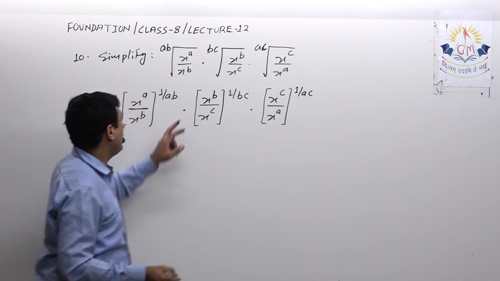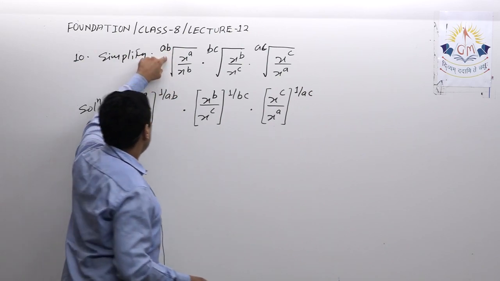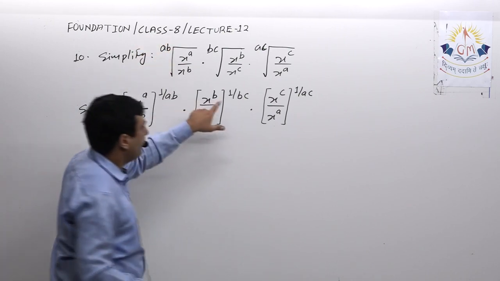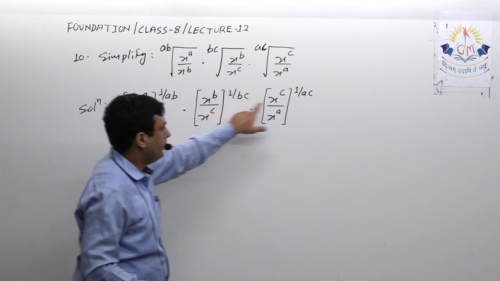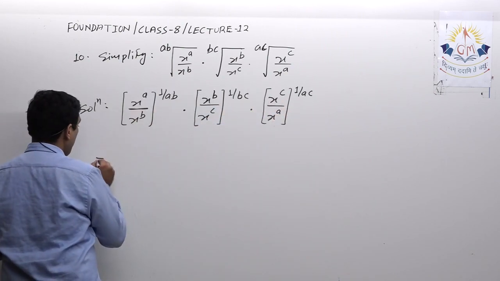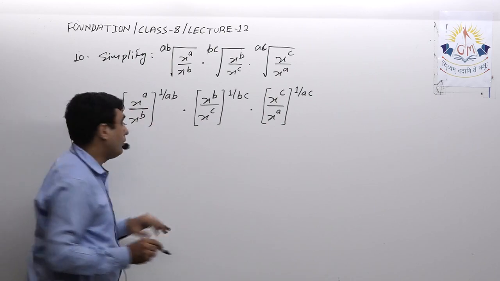So first of all, I converted this root sign, or this is known as surd, in the form of power. So 1 upon AB, 1 upon BC, 1 upon AC. Now after this, I can apply the quotient law.